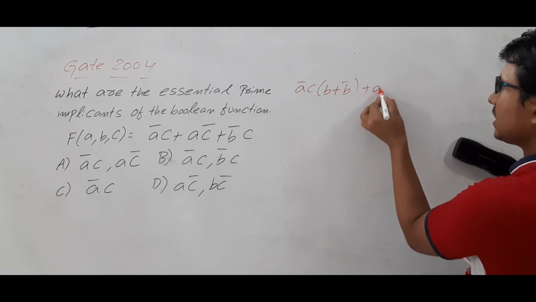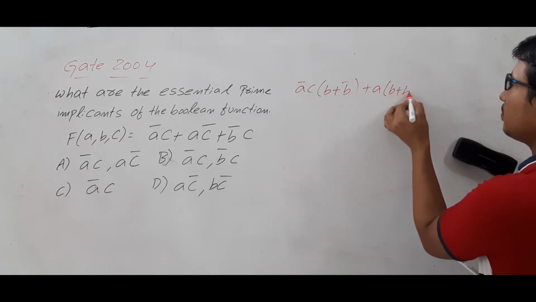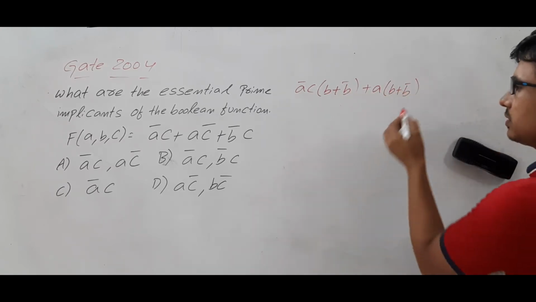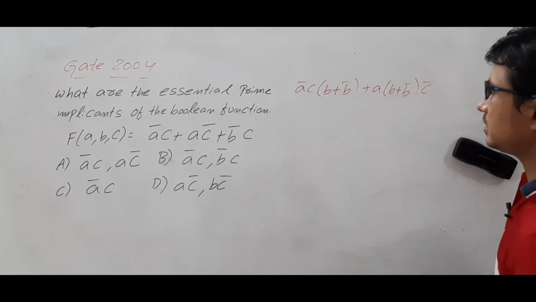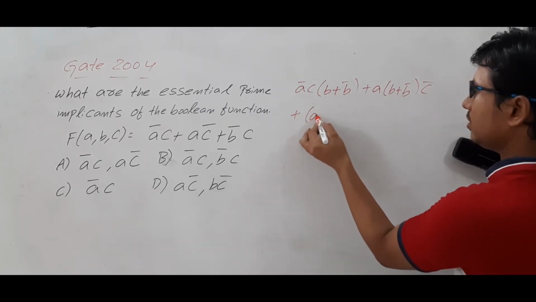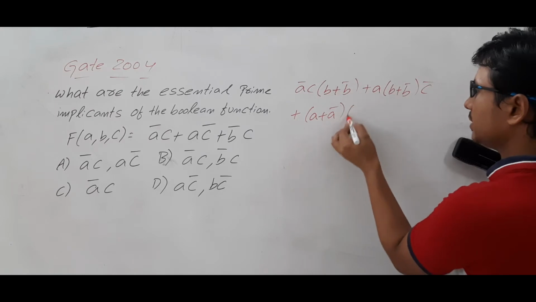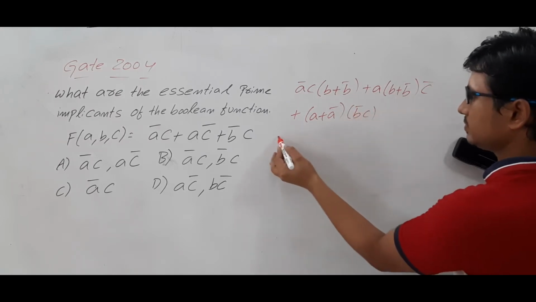So I can write it as A, B or B complement and C complement, or A complement, B complement and C. Is it clear?